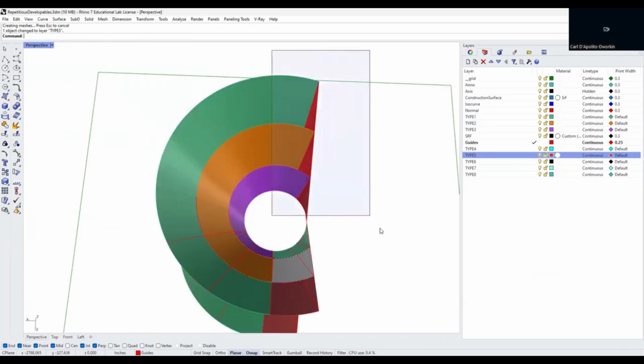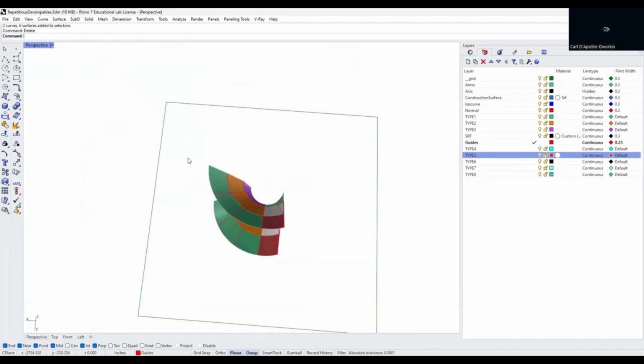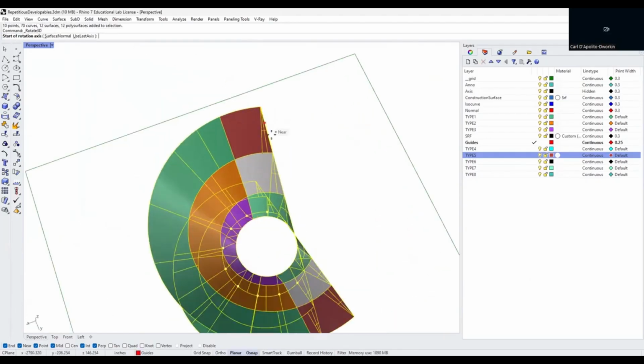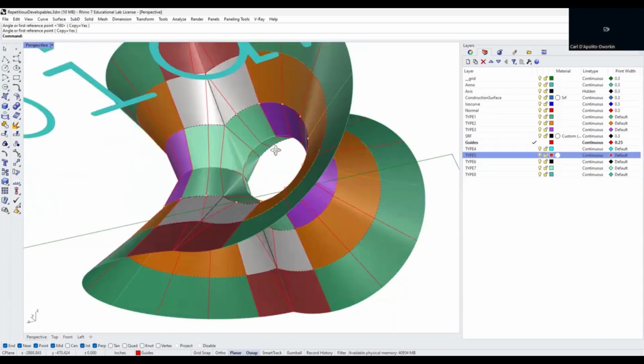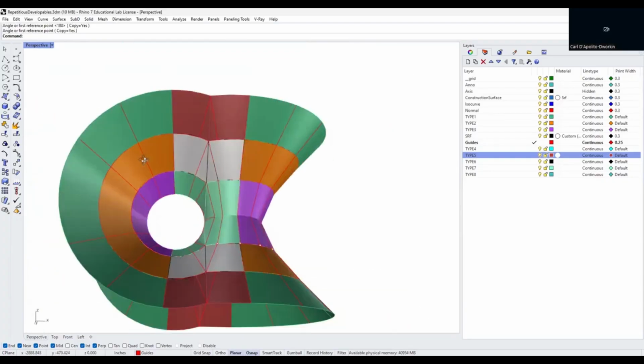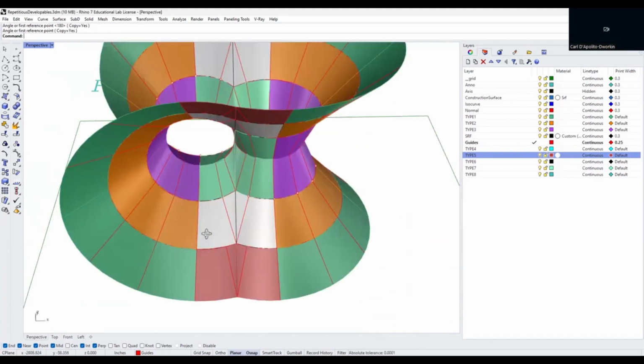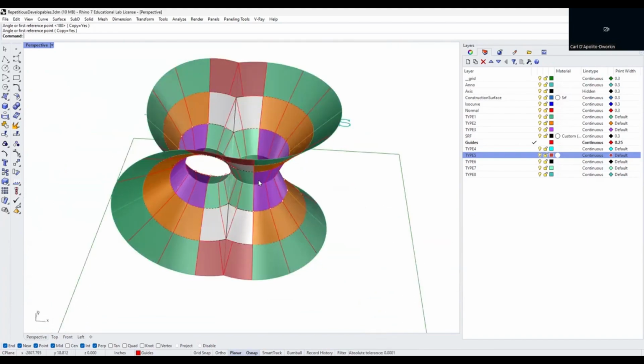Okay. And then yeah, just add here this rotate 3D like that. And that is another one with now six types.